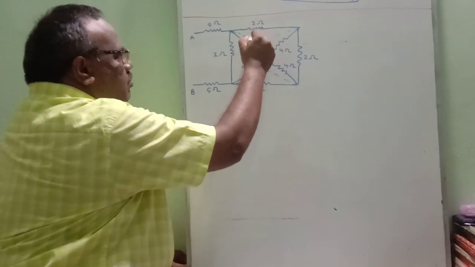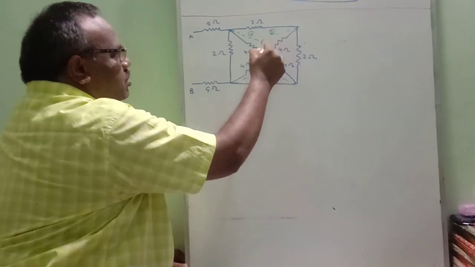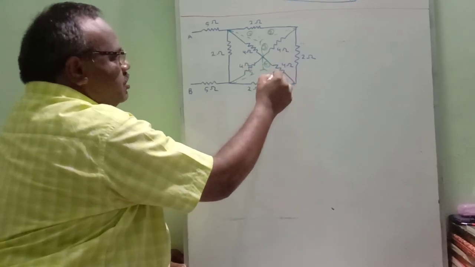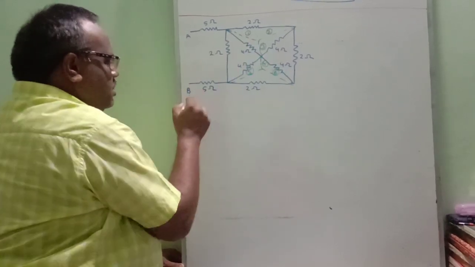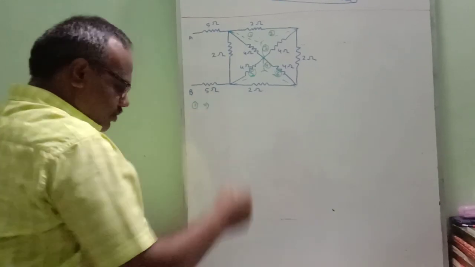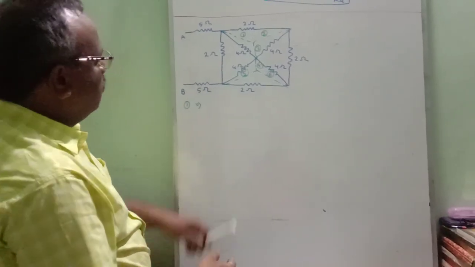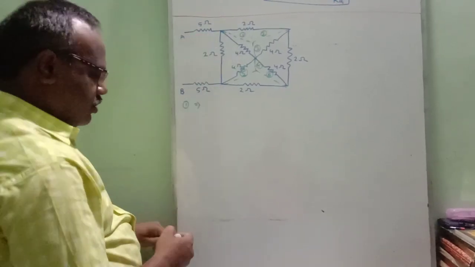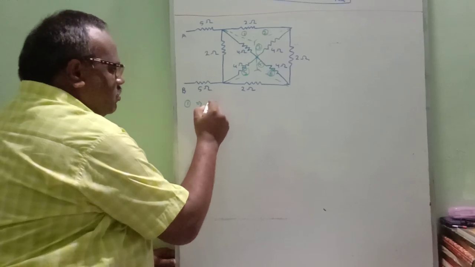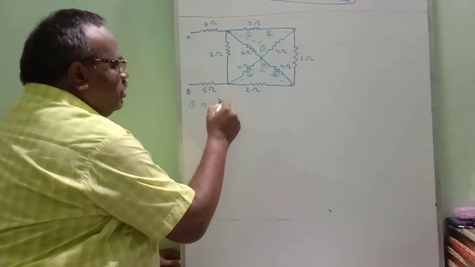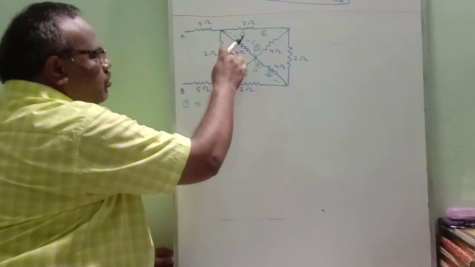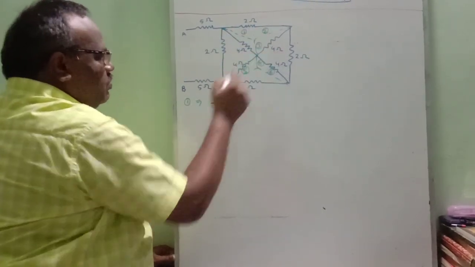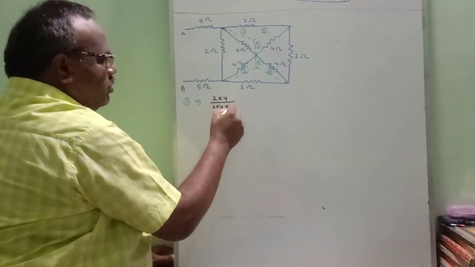Now let this be 1, this is 2, this is 3, this is 4, this is 5, this is 6 arms. If you see the first arm, this into this, 2 into 4, divided by 2 plus 4 plus 4.